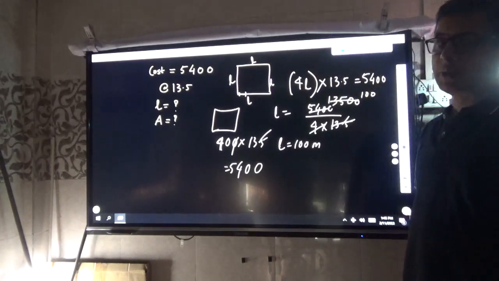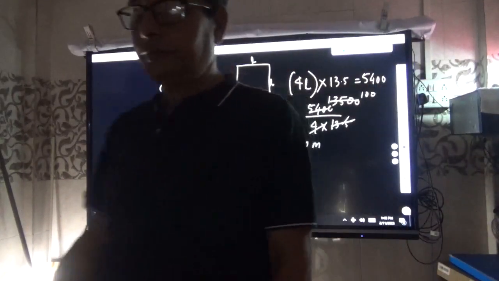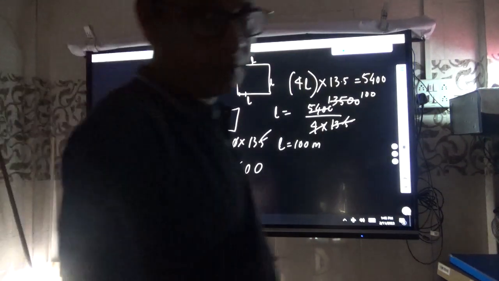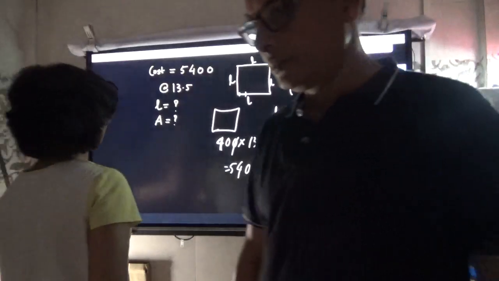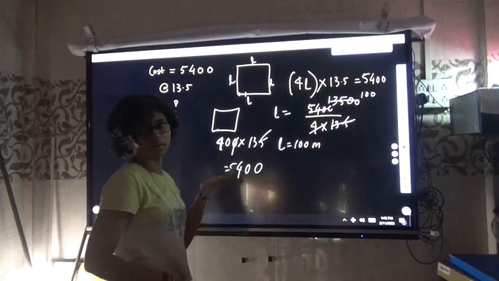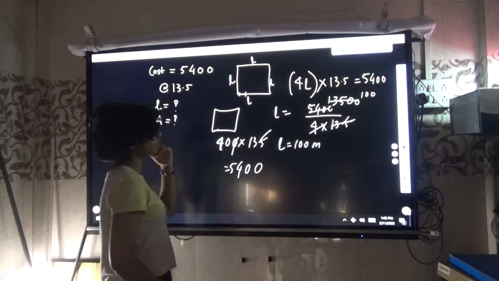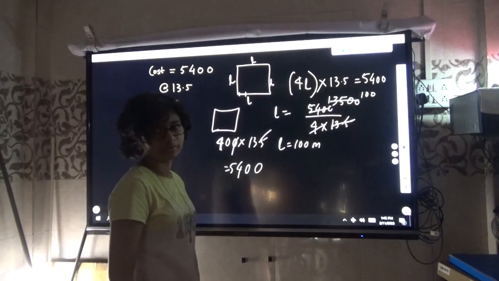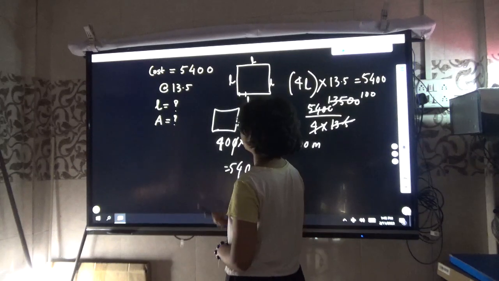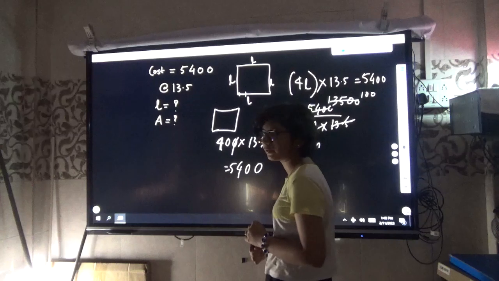Okay, now come and explain. So the cost of fencing the total square field is 5,400 rupees, and per meter the price is 13.5.